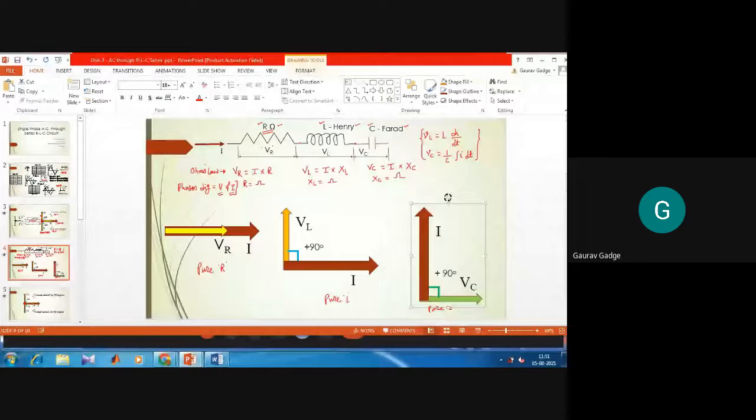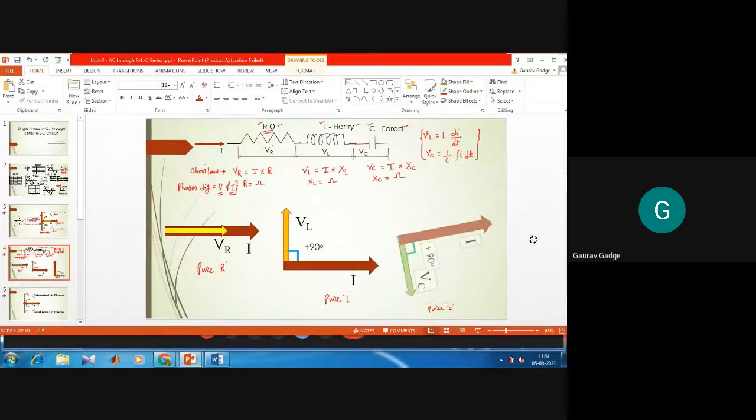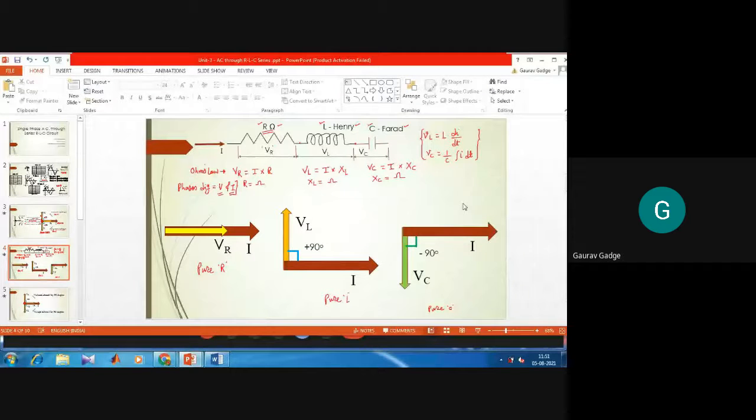But if current is the reference phasor, that changes the phasor diagram, just a small change where the positions of current and voltage change. And the comment now for this case is that VC lags current by an angle of 90 degrees.